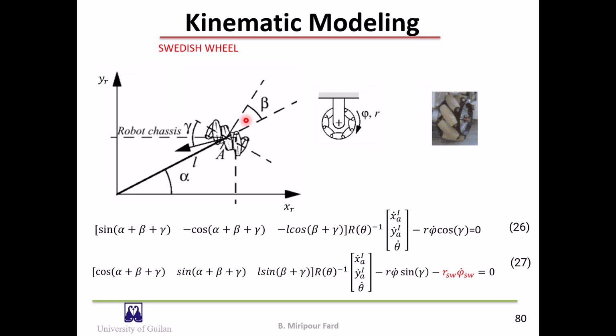You can see the constraint equations related to the Swedish wheel, which are dependent on gamma, as well as the radius and angular velocity of the rollers.